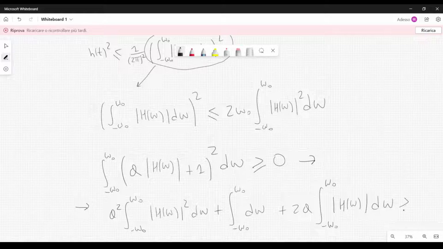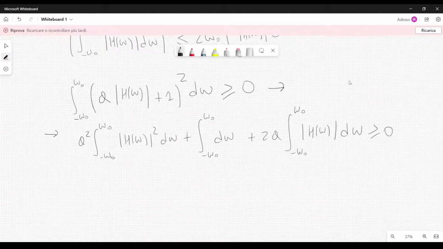And this is greater than or equal to 0. Now, this is an equation. We can also consider this to be a polynomial, let's say, whose variable is a. It is a second order polynomial, second degree polynomial. And we know that this is greater than or equal to 0 for every a belonging to R.